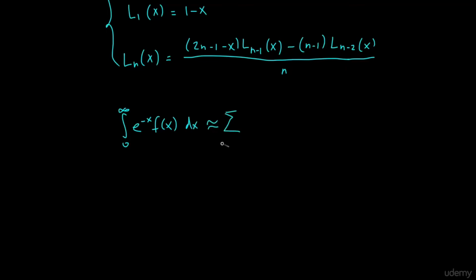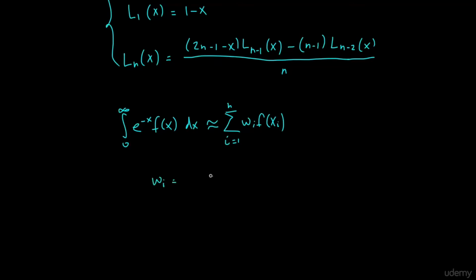So we have a sum going from 1 to n of some weight at index i, multiplied by f at x_i. Okay, and this w is the weighting, and the weighting is actually defined as follows.